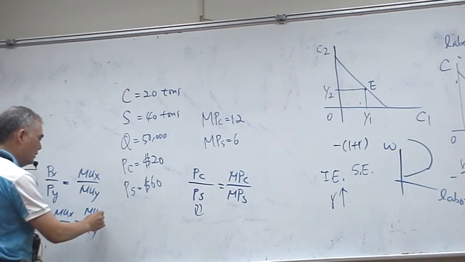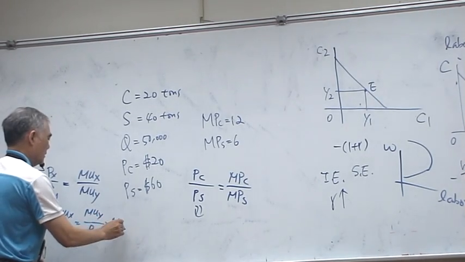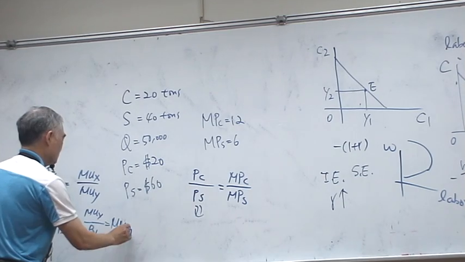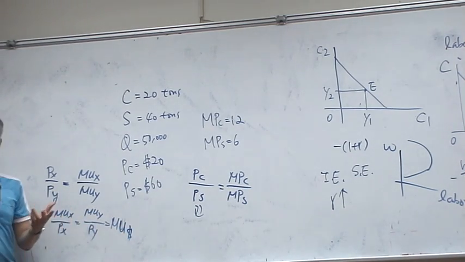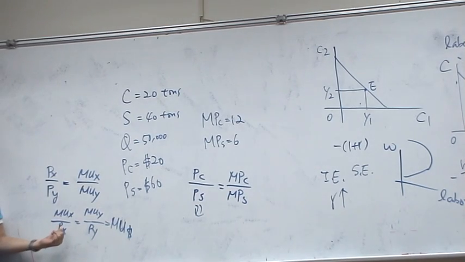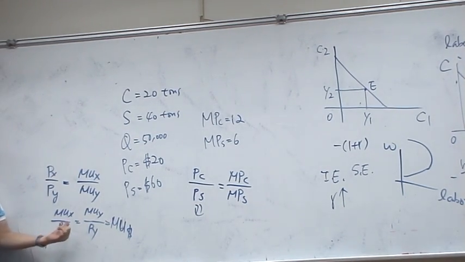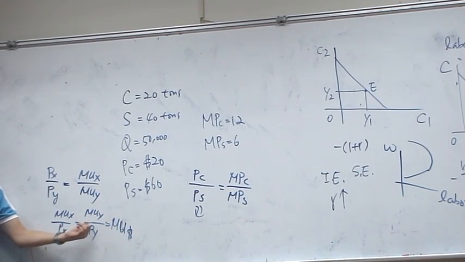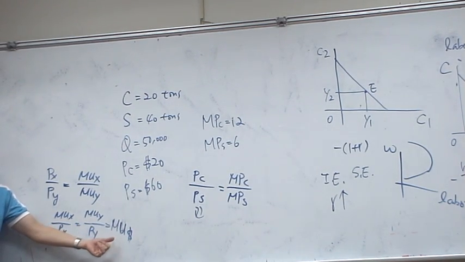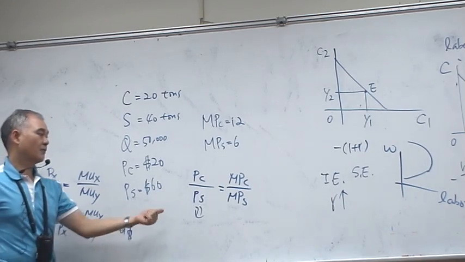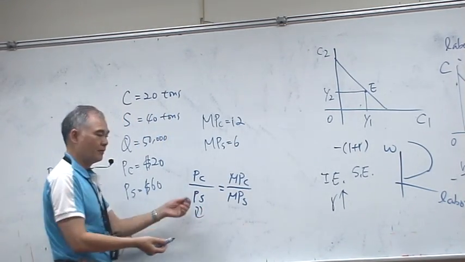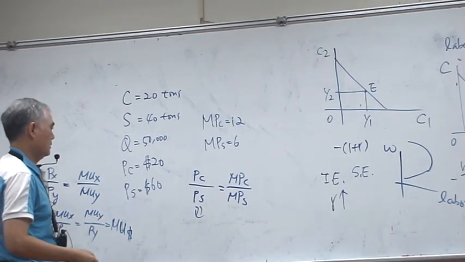What is this? This is the marginal utility of your money. So the marginal utility of your money should be the same. Per dollar spent on X and per dollar spent on Y, the marginal utility should be the same. Anyway, let's finish this first.